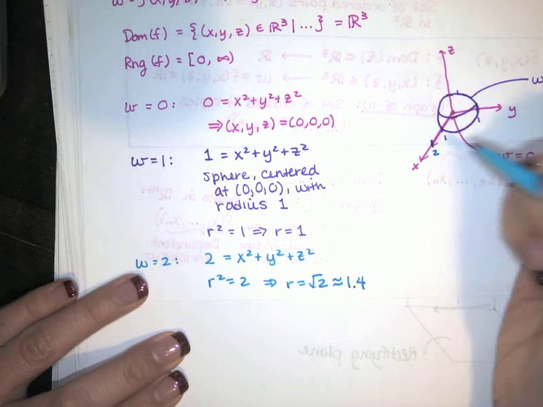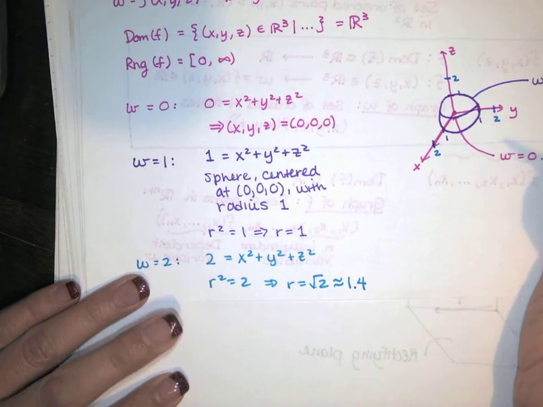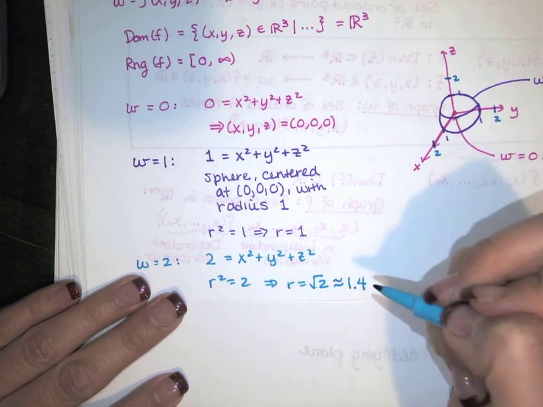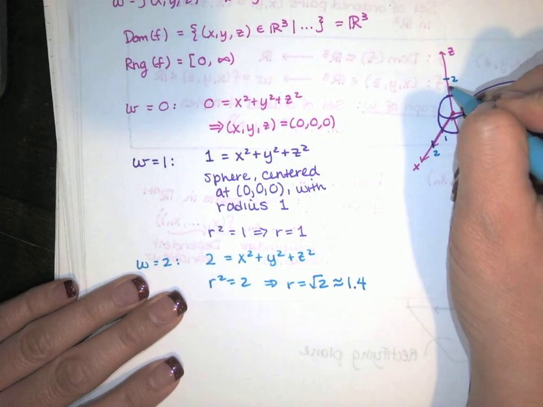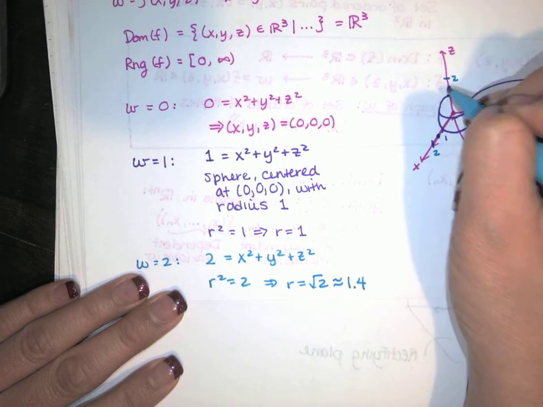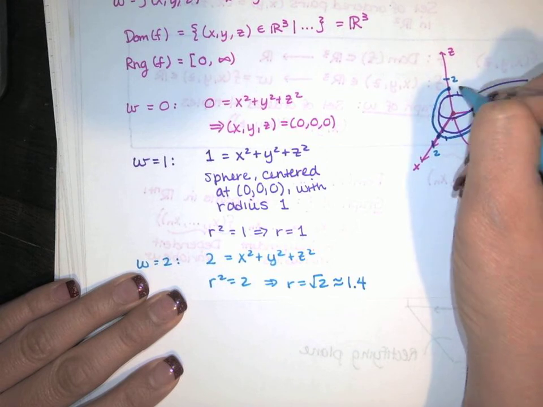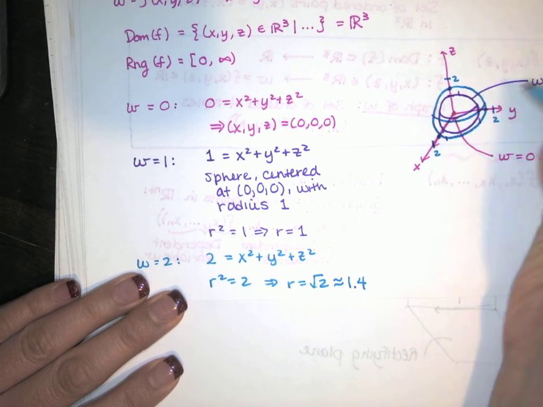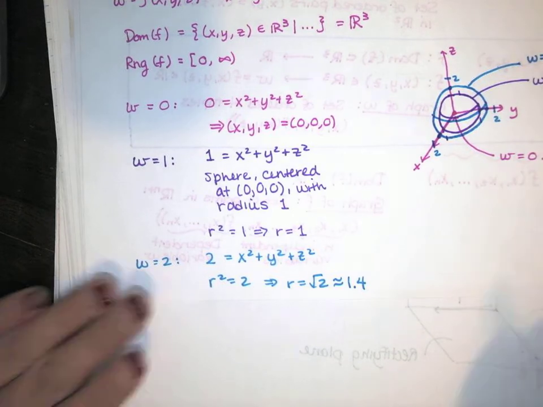Here is x equals 2, y equals 2, z equals 2, but I don't want to go out to 2, I want to go out to 1.4. So we have a sphere centered at the origin, and we go 1.4 units out in every direction. And that's the surface that we get when w equals 2.